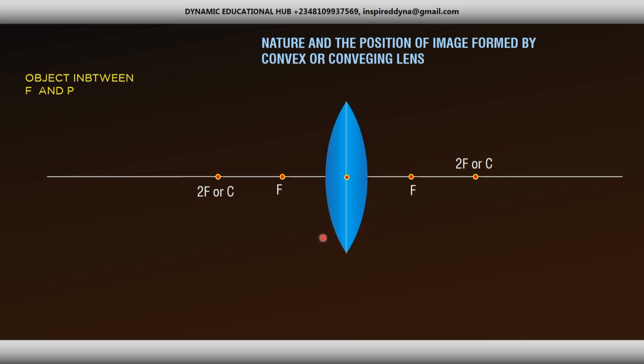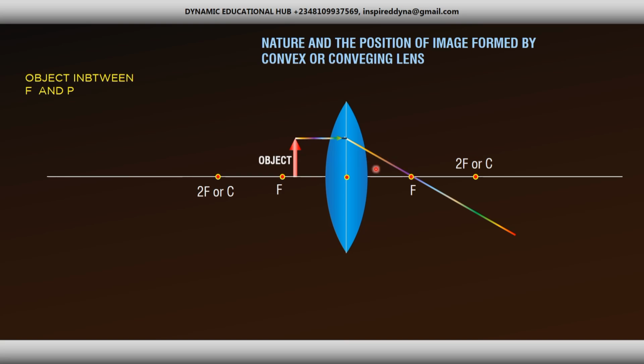So now when we have an object in between the focal point and the pole, what will be the nature of the image formed by the object? Now let's observe something here. We have our object as shown. Now as usual, let's draw our ray diagram. We have this one and it's going to converge at the focal point here.